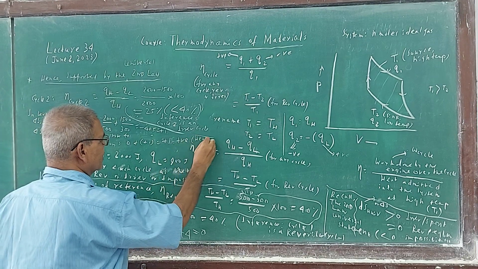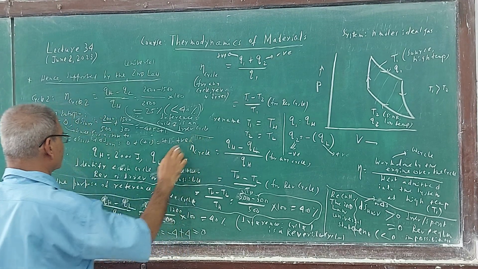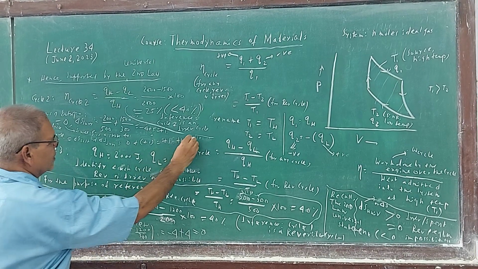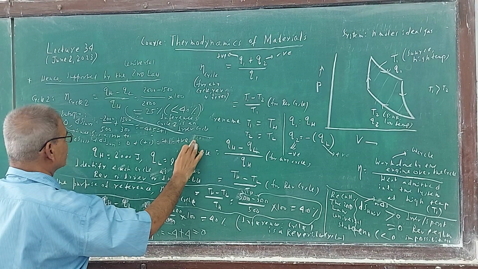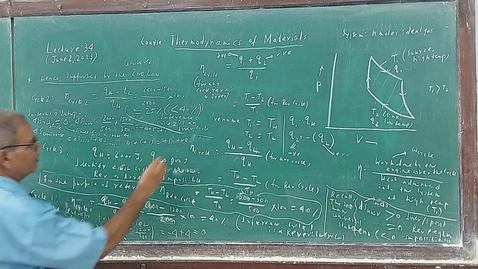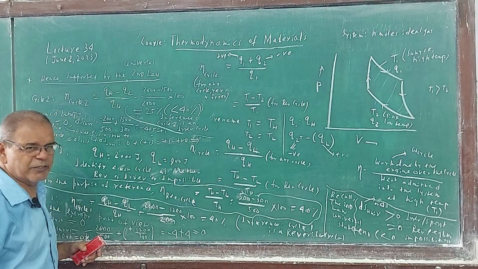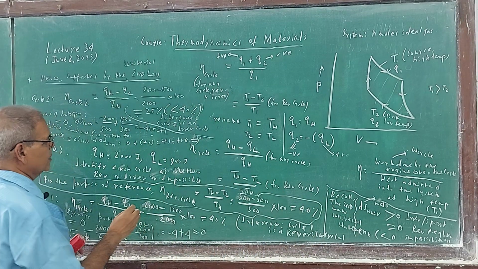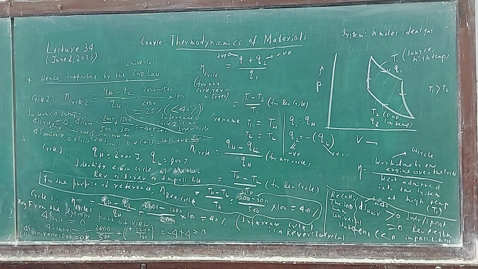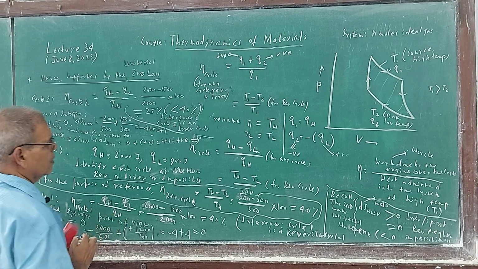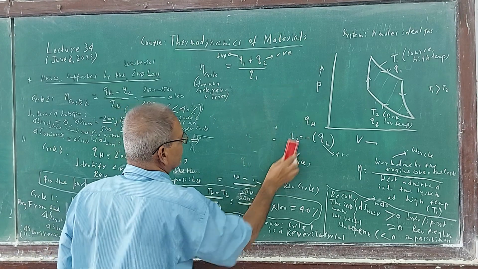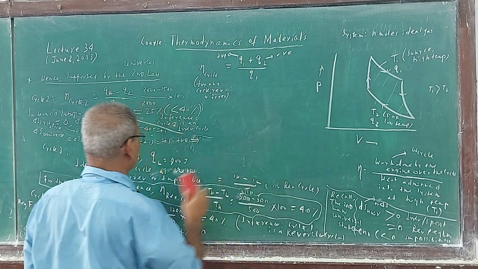Hence it supports the same result. Positive means what? The same comment: irreversible cycle. I remove all these things; you don't need them anymore. If necessary, I'll write once more.